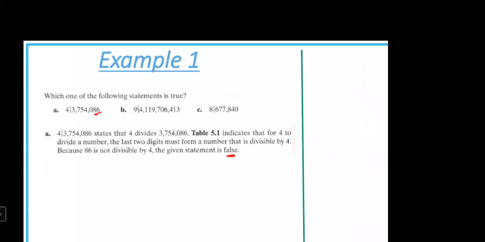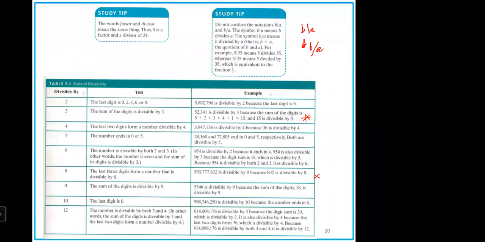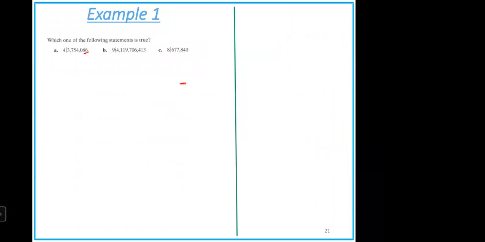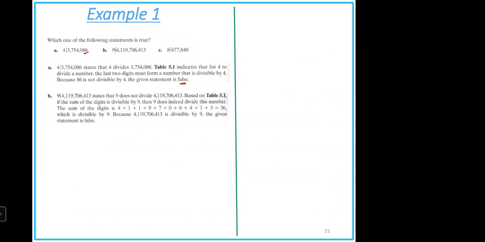So now, in order for you to know if it's divisible by 9, we look at the rule for that. The sum of the digits is divisible by 9. So we're going to have to add up all those digits. Okay, so I'll just look at the answer here.